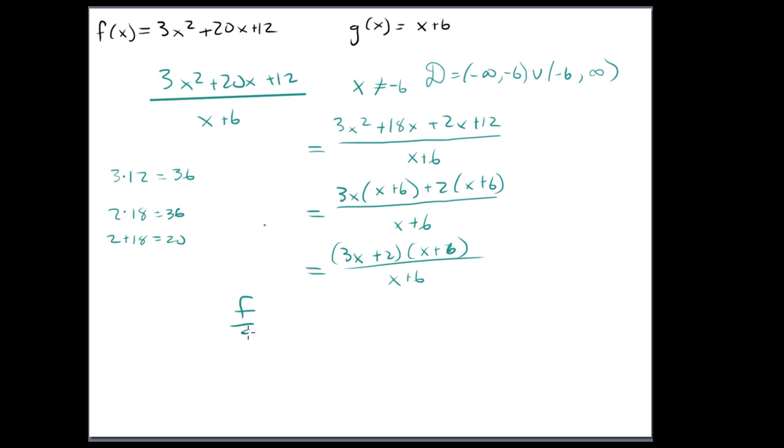So f divided by g of x turns out to be 3x plus 2 on the domain negative infinity to negative 6, unioned with negative 6 to infinity. So on all real numbers except for negative 6, it's equal to 3x plus 2.